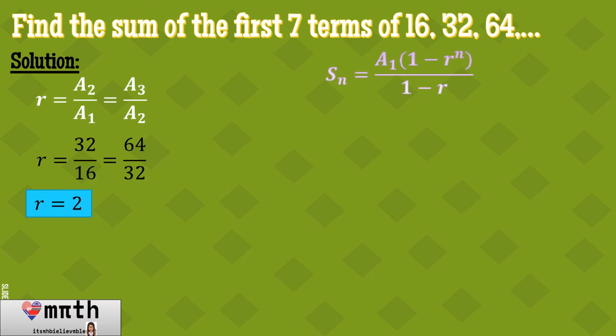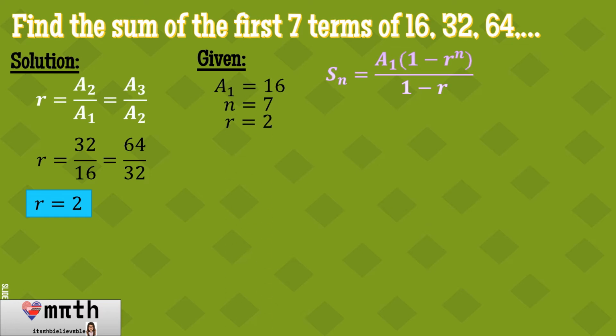So we can use the formula from a while ago, which is S sub n is equal to a sub 1 times 1 minus r raised to n all over 1 minus r. From here, let us first find the given. Our a sub 1 is equal to 16. Our n is equal to 7, since we're looking for the first 7 terms.